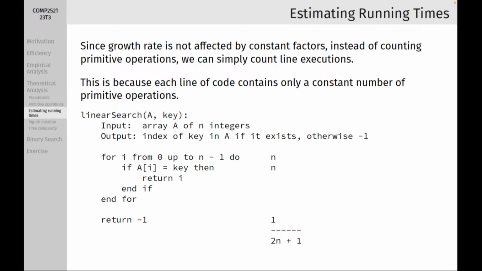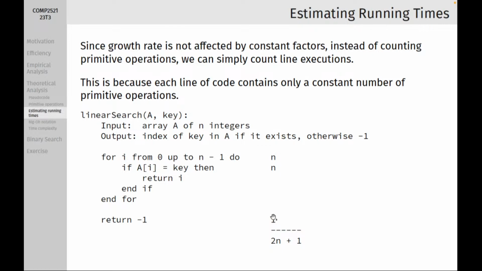If we just counted the number of line executions, we would see that there are approximately 2n plus 1 line executions. That's because this for loop has n iterations, so we'll just say it runs n times. This if statement also runs n times because the loop has n iterations, and then we return a value at the end.